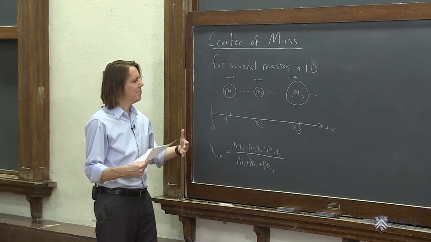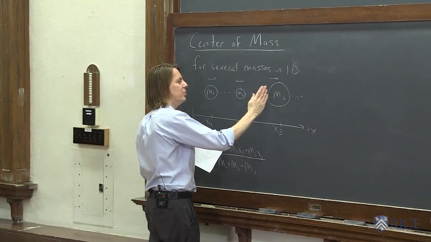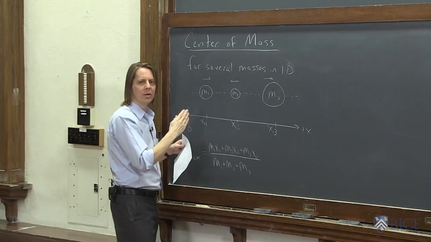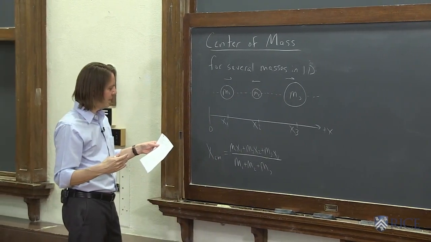Really, this is the mass-weighted position. If you put a lot of mass out here, it pushes the center of mass this way. If you put a lot of mass here, it pulls it this way. So if you're familiar with weighting, this is basically just the mass-weighted position of an object.